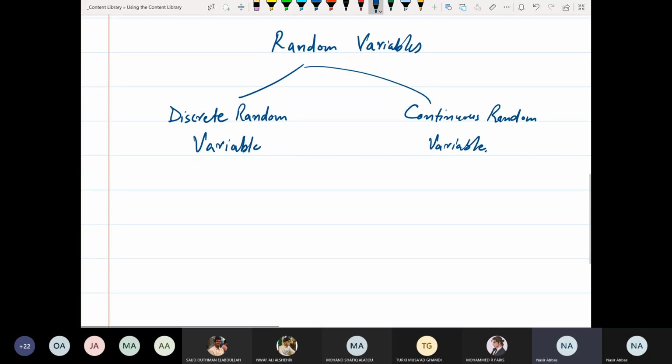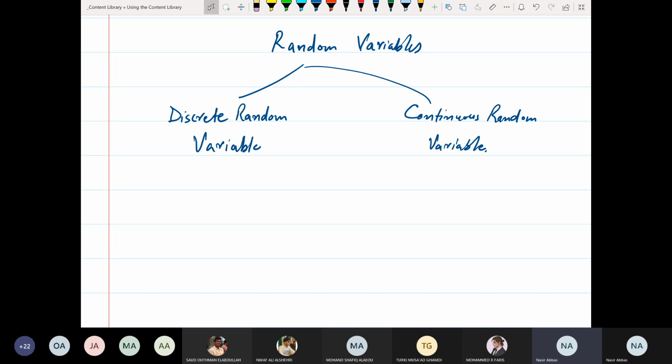So your chapter 3 is about discrete random variables. Your chapter 4 is about continuous random variables. We'll talk in detail about the discrete random variables in chapter 3. But before that, we have to differentiate between these 2 types.